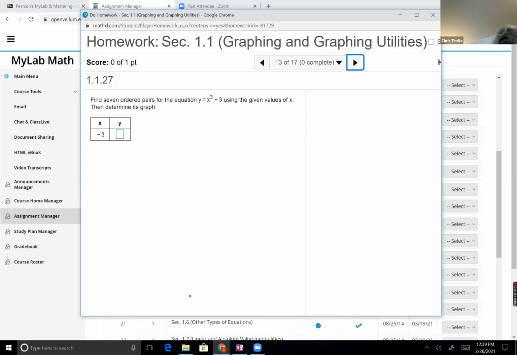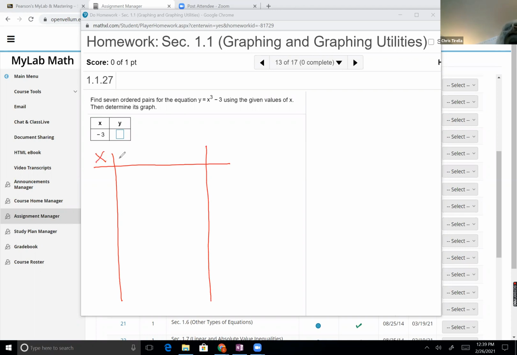So over here, the table of values, when I do it by hand, I like to make a column for X, make a column for the equation, and make a column for Y. And so if X is -3, this would be -3 cubed minus 3. -3 cubed is -27, minus 3 would be -30.